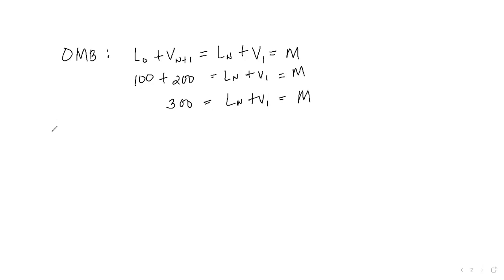If we will try, for example, using component balance, let's say on A, and we will work with the information that we already know, we can use L0 XA0 plus V sub n plus 1 YA n plus 1.